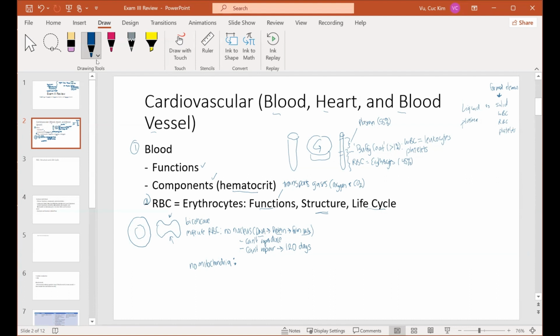Yes, exactly. It produces ATP. Now, in order to produce ATP, right, in the last unit, you studied about metabolism, right? So in order to produce ATP, it needs two main things. What does it need? What do cells in your body need to produce ATP? Two main things.